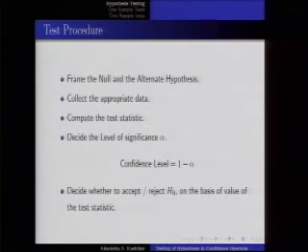So if the confidence level is 1 minus alpha, then the level of significance is alpha. It means if I want to be 95% sure about my conclusions, then I would take my alpha to be 1 minus 0.95, so it would be 0.05. And then we have to decide whether to accept or reject H0 on the basis of the value of the test statistic.